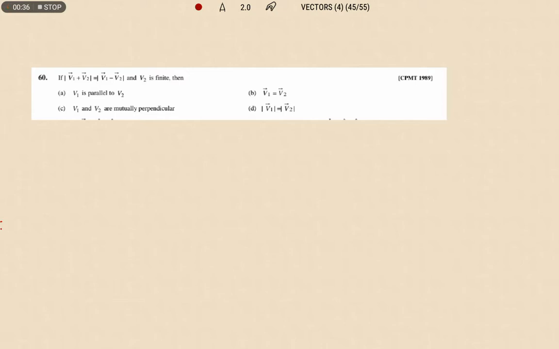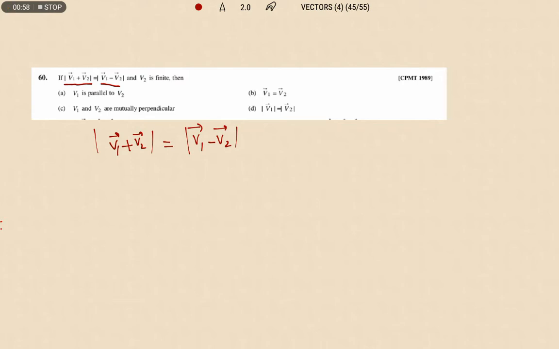The left side will be the magnitude of the addition of vectors, and the right side will be the magnitude of the subtraction of vectors. So |V1 bar + V2 bar| = |V1 bar - V2 bar|.